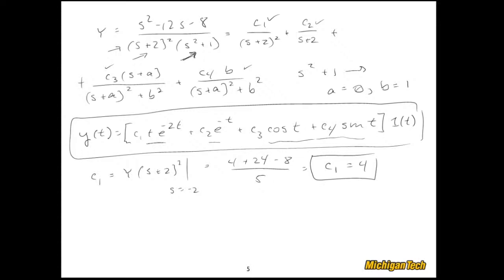Boom. So far, so good. Now, we could plug that back into here and then kind of brute force C2, C3, and C4. But we can also go after C2 directly using a partial fraction expansion strategy for repeated real roots where we use differentiation. So let's go ahead and do that. C2 is equal to d/ds of Y times (s plus 2) squared, and then you let s equal negative 2 again.